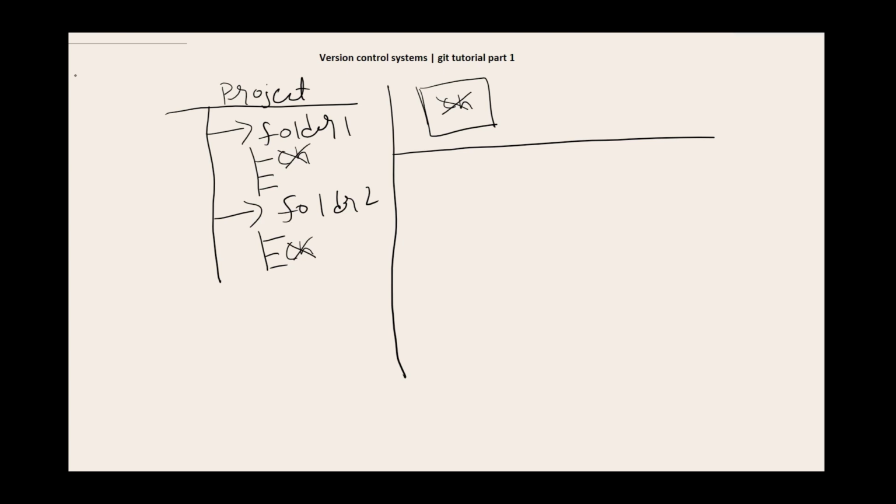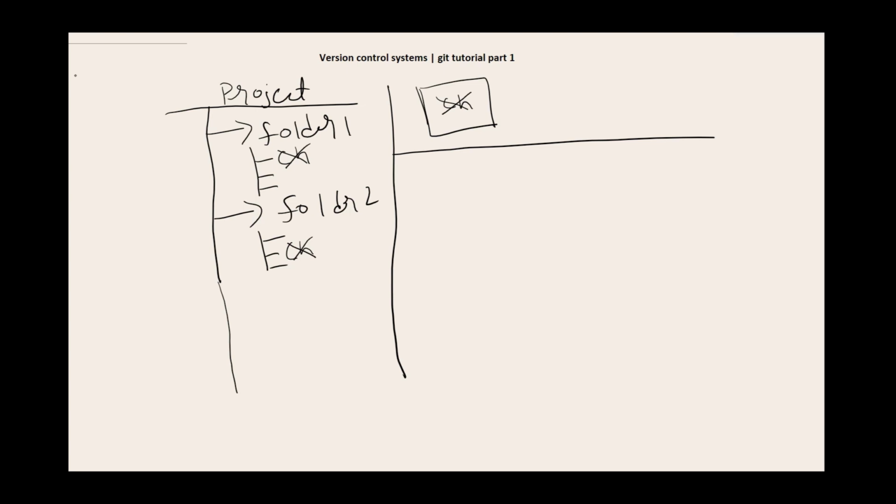But what if your project is huge, with many folders and many files, and for every feature addition or every task you are changing a lot of files in a lot of folders? In that scenario, if you want to go back to the previous stage or the previous feature in the application, changing all the files you have modified isn't a feasible or easy solution. So you need some tool to track every stage of your project.